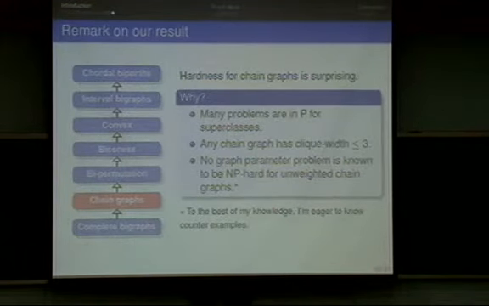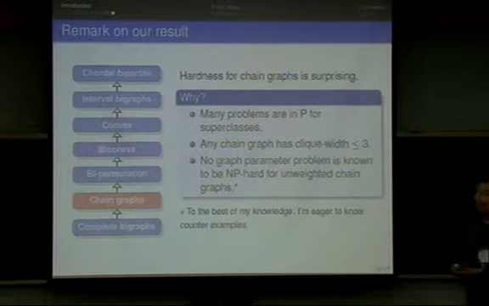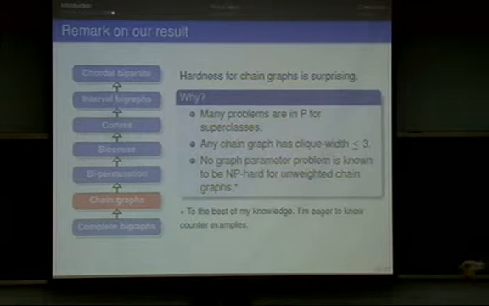So I'd like to emphasize that our hardness result for chain graphs is somewhat surprising. Maybe you can say no, but okay, let me give you some reason. So many problems are polynomial time solvable for superclasses like bipartite permutation, biconvex, convex, or interval bigraphs. And also, any chain graph has clique width at most 3, namely they are distance hereditary, because they don't have any independent edge pair.